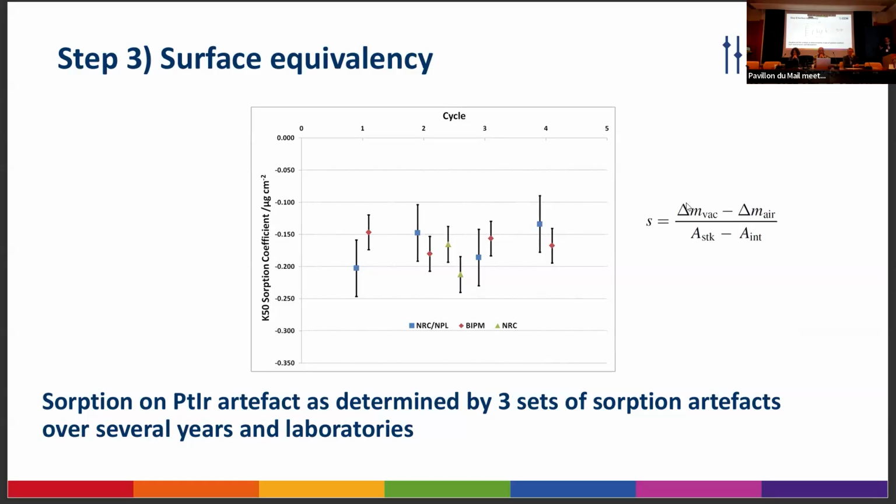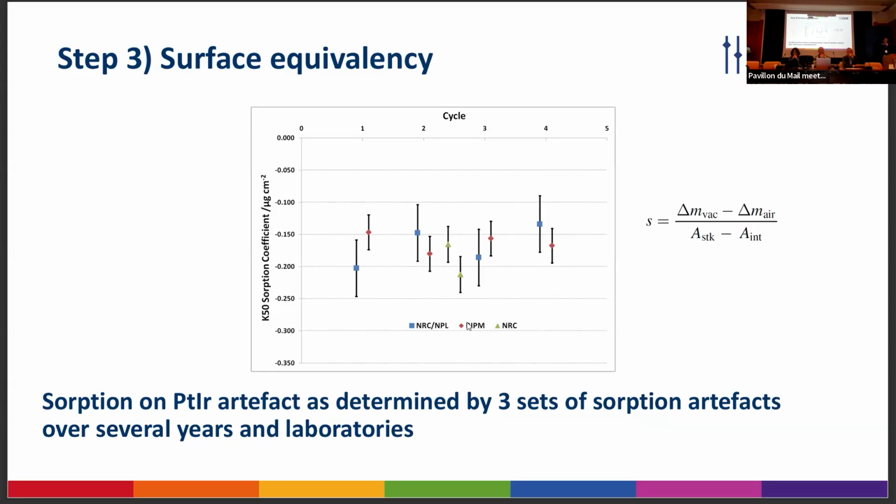The one thing that we need to consider in this is, how do we know that the surfaces are the same for your stack and your integral masses? One is mostly a curved surface and the other one is mostly a flat surface. But what we've done is a comparison where 3 sets of sorption artifacts were used to measure the sorption correction on a platinum iridium prototype.